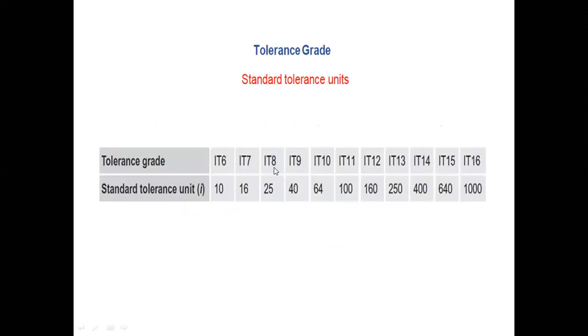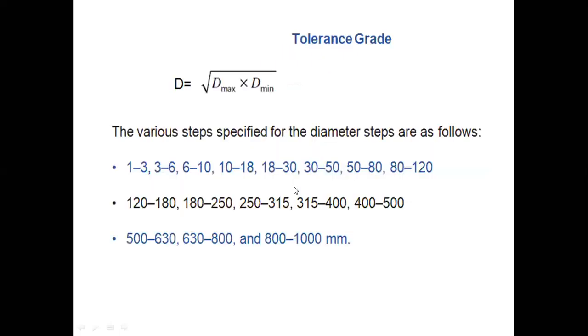This is how hole and shaft will be designated. If it is H9, then you have to refer to the hole H and IT9, that is the tolerance grade. IT9 means what? That is 40i. So this is how you have to refer.